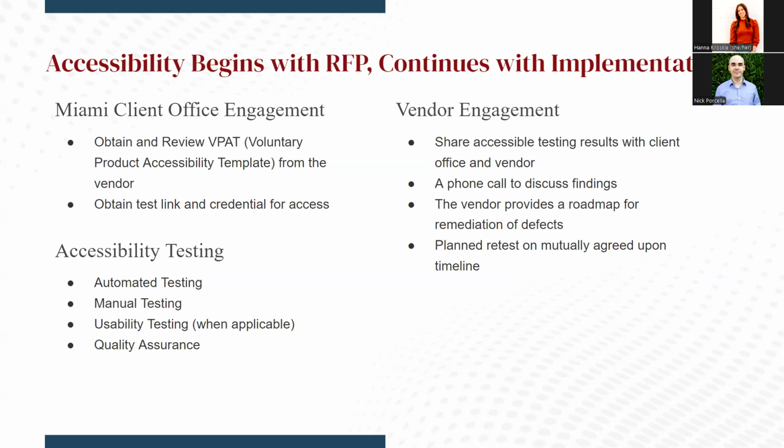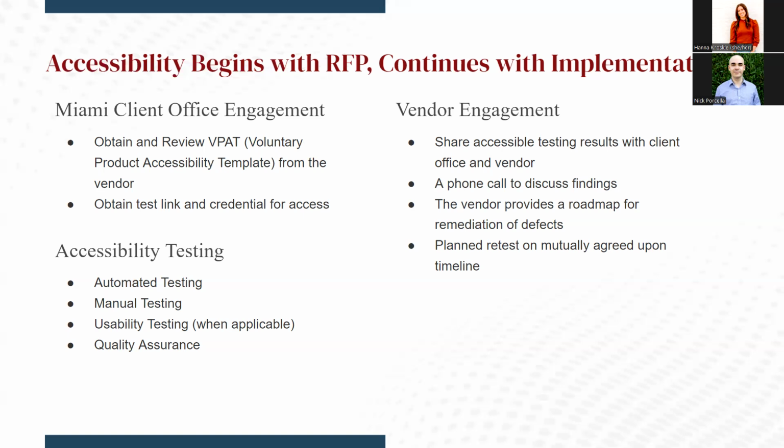So allowing them to go into the platform and having access to that platform. With that, then, it's very focused on accessibility testing. So automated testing, manual testing, usability testing, and quality assurance.